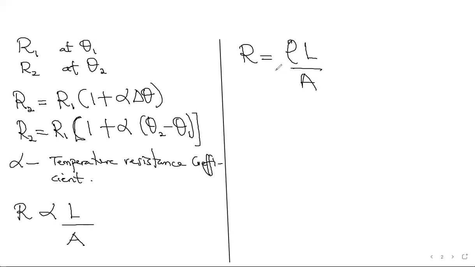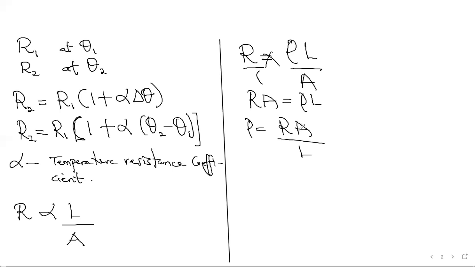Cross-multiplying, RA equals rho L, so rho equals RA over L.